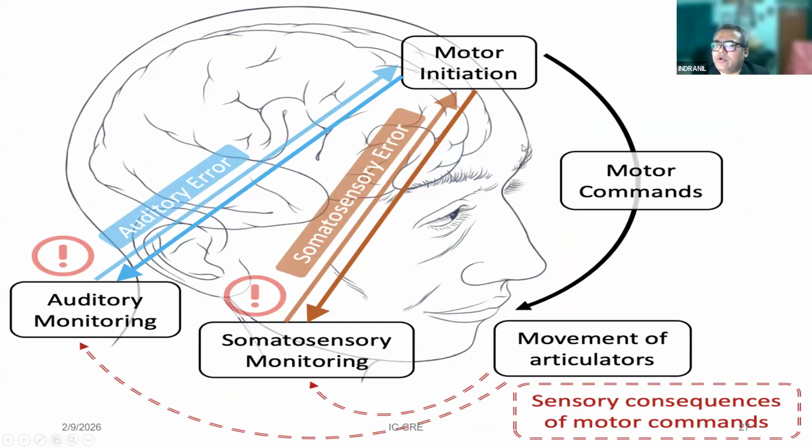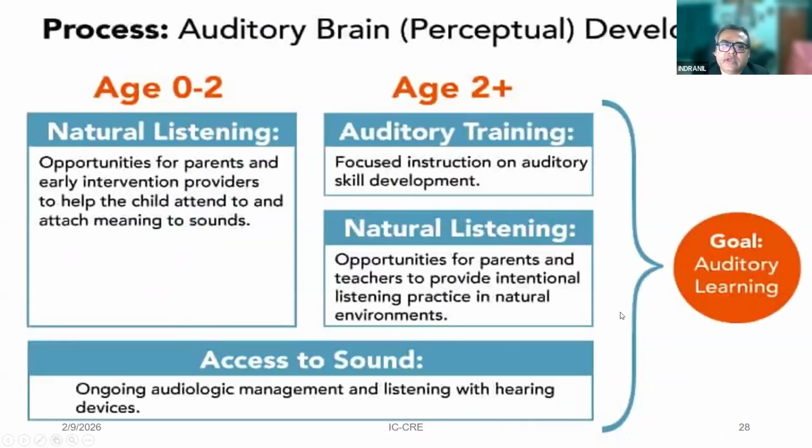So there is a lot of input: auditory input, somatosensory, tactual or kinesthetic, motokinesthetic input. And then it comes to the motor schema, and the motor initiation takes place. It goes to the motor commands, and then the articulator movements occur, and then we can speak.